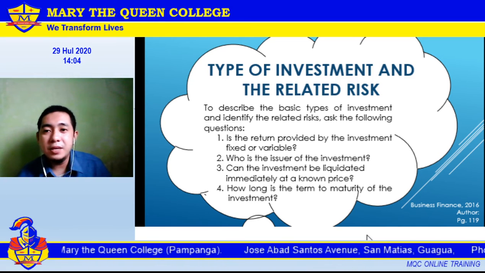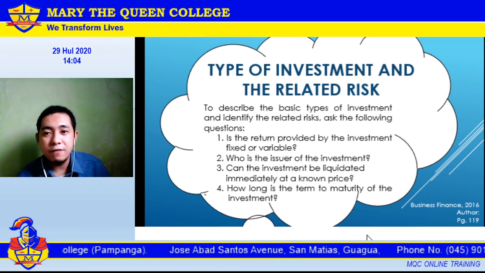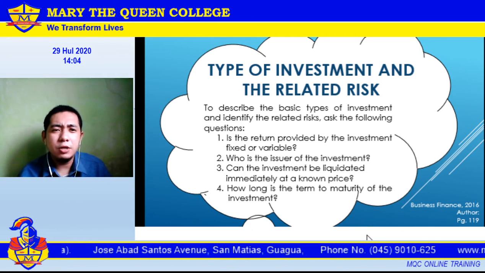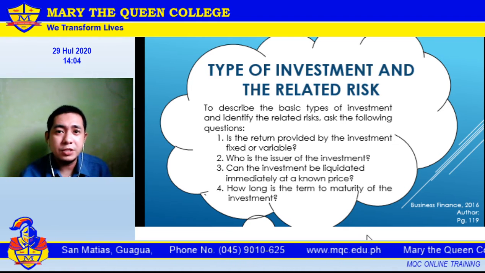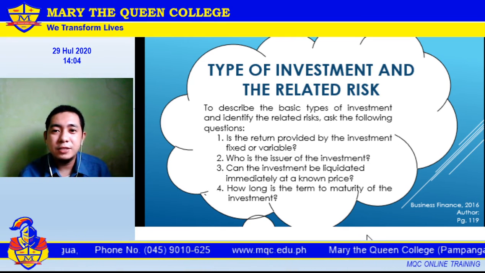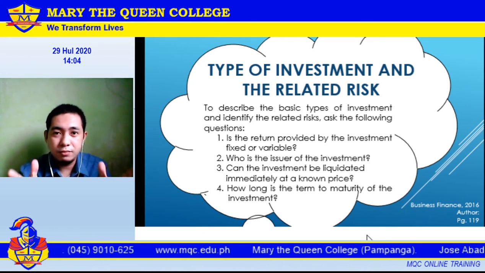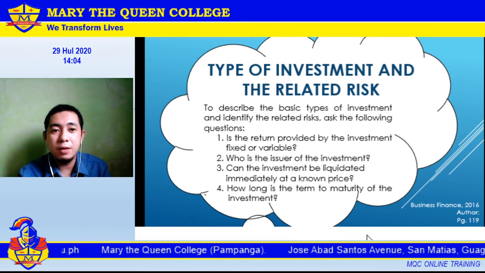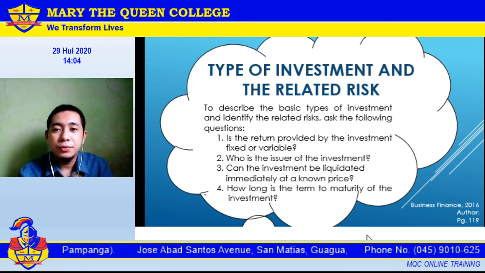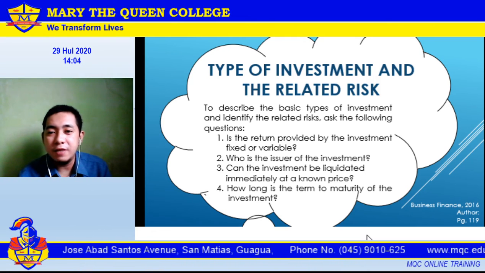To describe the basic types of investment and identify the related risk, ask the following questions. First, is the return provided by the investment fixed or variable? What's fixed or variable? Fixed is yung hindi gumagalaw, yun na yung gastos mo. Variable is gumagalaw, depende sa unit na pinag-usapan ninyo. Okay? Number two, who is the issuer of the investment?